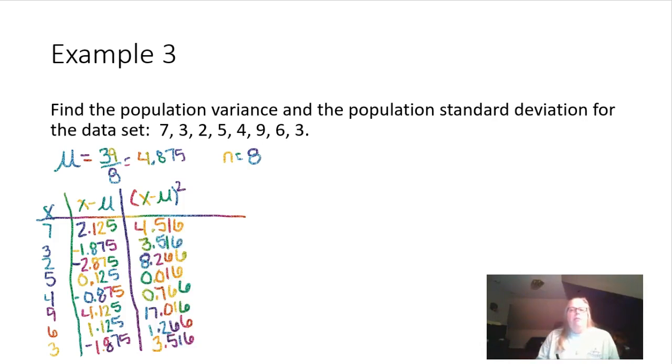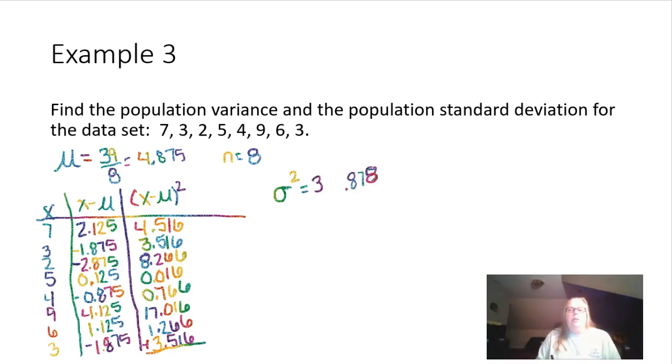Now that we have gotten the squares of all of our differences here, remember we're supposed to add this column together, and I'm running out of room, so I'm just going to go ahead and put my variance over here. We'll find our total, and then we're going to divide it by 8.